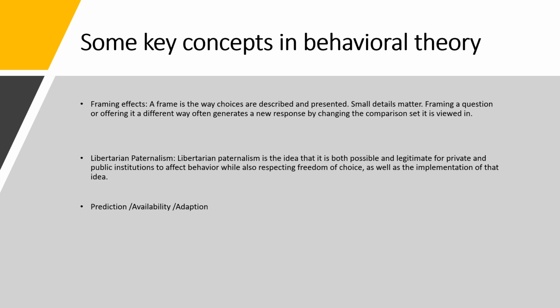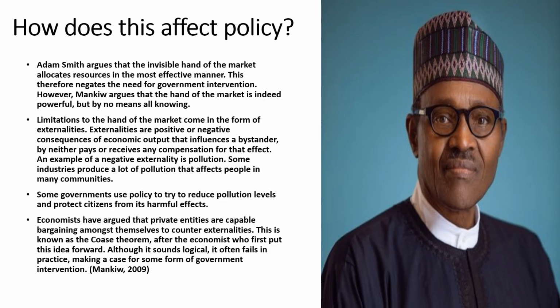And this is quite a powerful concept that was highlighted in quite a famous book called Nudge, where you don't force people to do a particular thing, but you can nudge them in the direction that you want them to go to. And a lot of people argue that this is okay. It's okay for governments to do this, and there are various ways that I'll be discussing on the next slide that policymakers can do this. But some people argue against it.